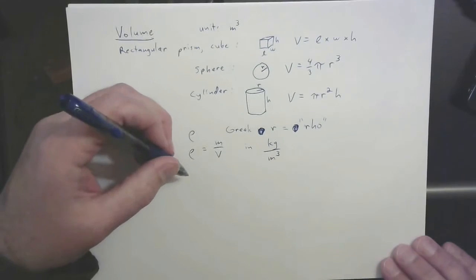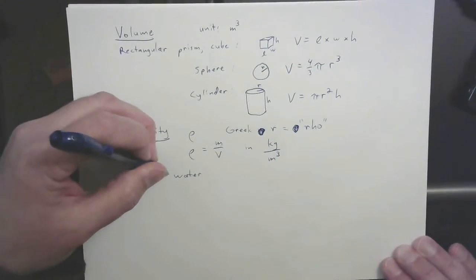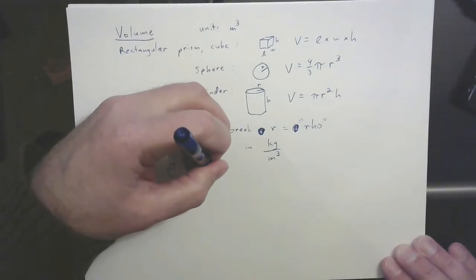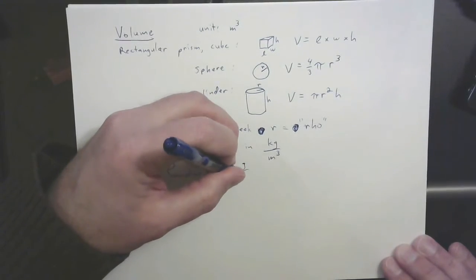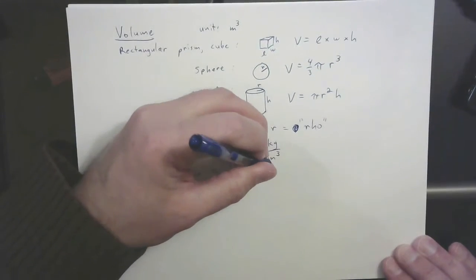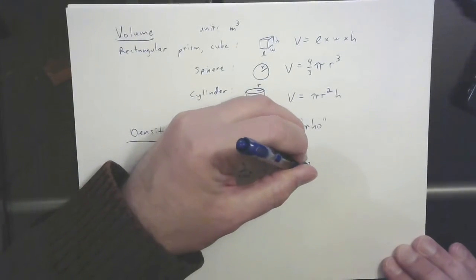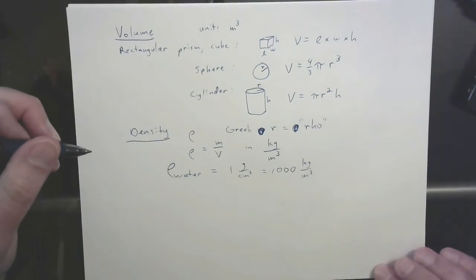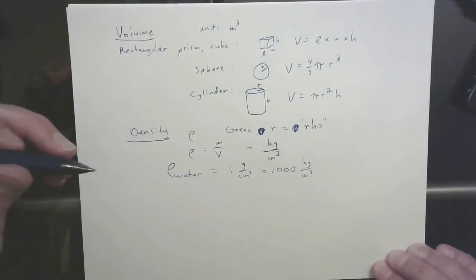The density of water, let's put a rho there, rho water, is something like 1 gram per cubic centimeter, or 1,000 kilograms per cubic meter. And I put that older unit there because that's where things started, and it's of course a convenient unit for a lot of things when you think about it.